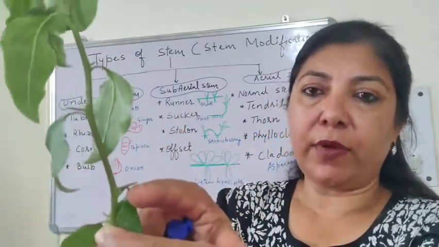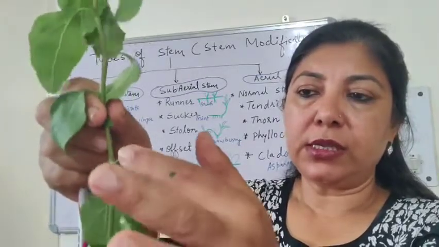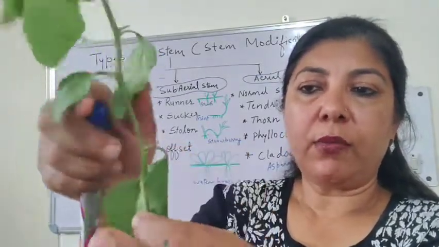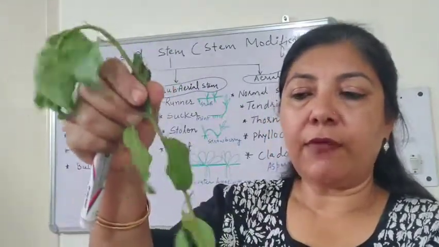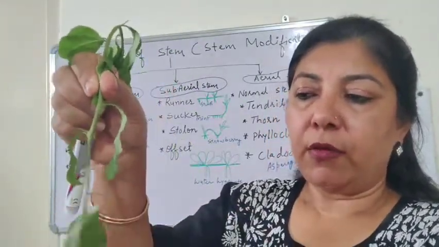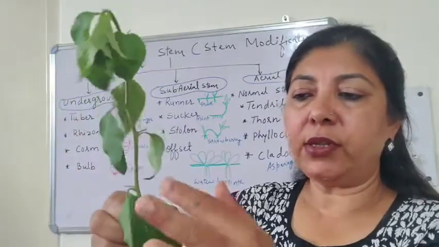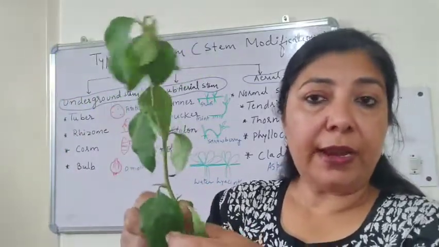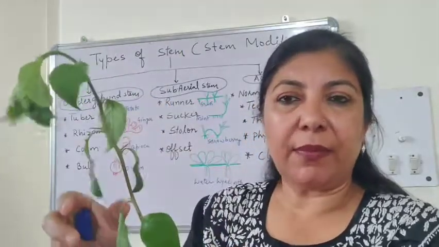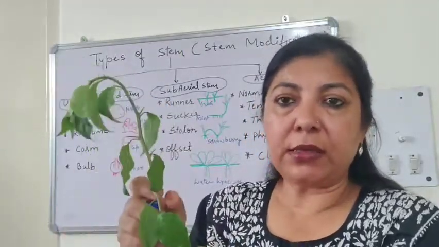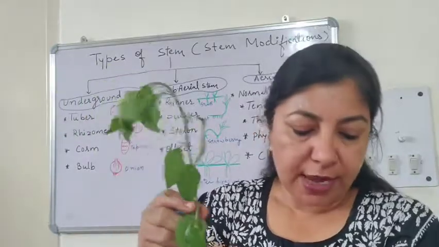Thorn in bougainvillea, in citrus plant, pomegranate. They have got pointed structures. Their function is basically to protect the plant from herbivorous animals, so that herbivorous animals don't eat them completely.